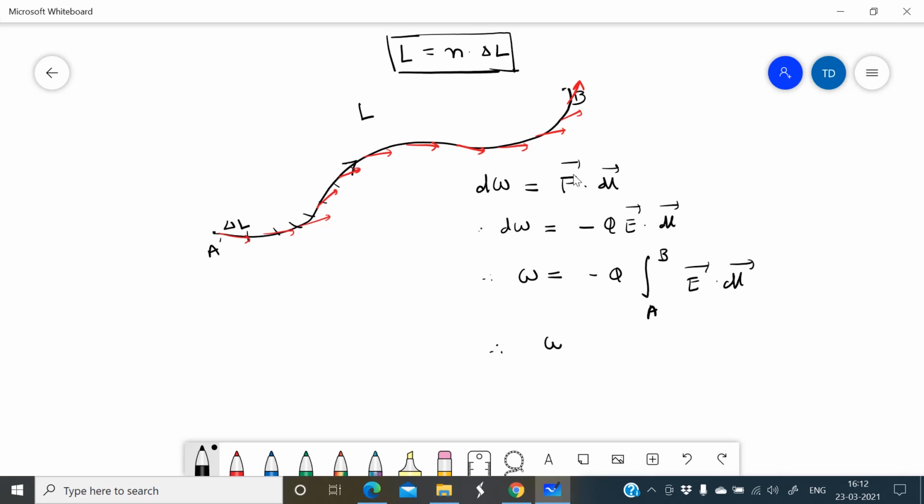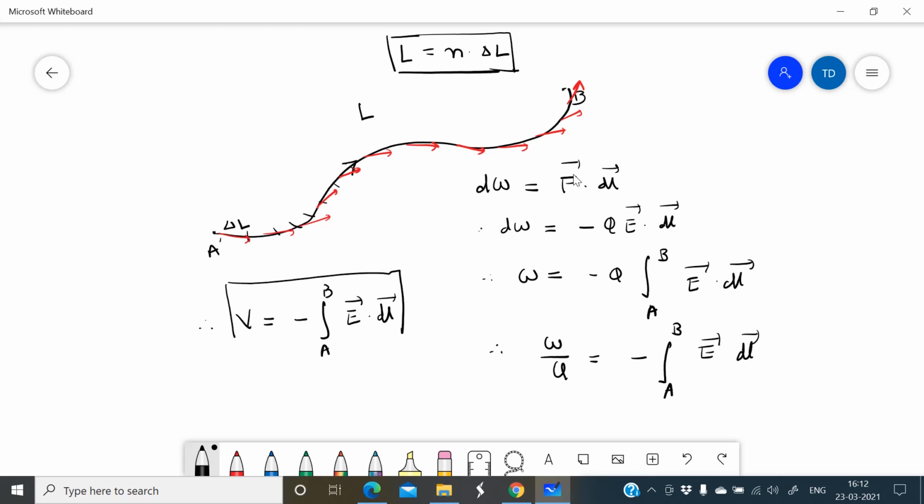W by Q is nothing but the work done by the charge, and it is known as potential, represented by capital V. So capital V is minus integration from point A to B, E into dl. This is the equation of potential.